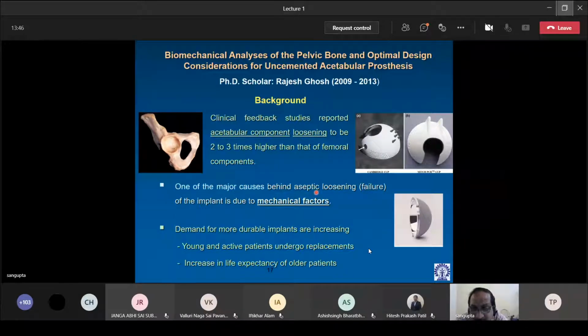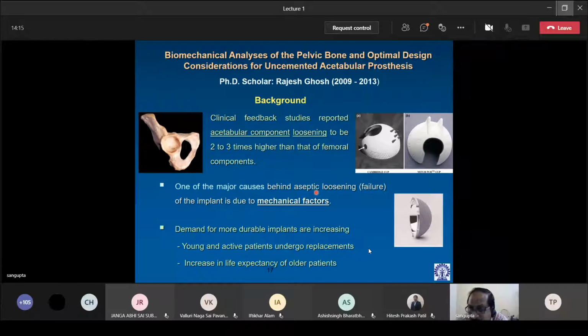Now, of course, the demand for more and more durable implants is increasing because more and more younger and active patients undergo replacements due to various reasons. And we also have the increase in life expectancy for older patients. So implant design and manufacturing are both undergoing evolution.